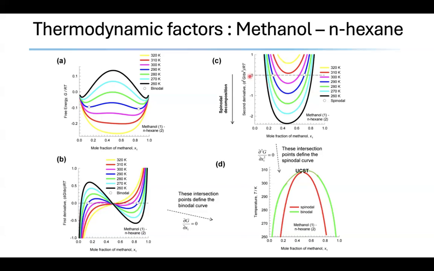Finally, you can draw a dashed line at the y-axis equal to 0, which corresponds to the second derivative of the Gibbs free energy with respect to the mole fraction of methanol equal to 0, indicating inflection points. The collection of all such points when plotted in D gives you the spinodal curve.